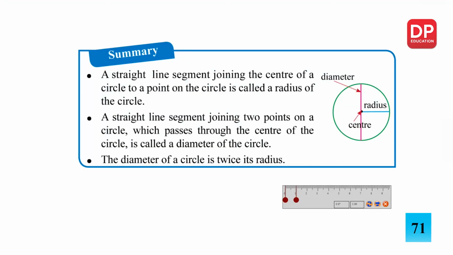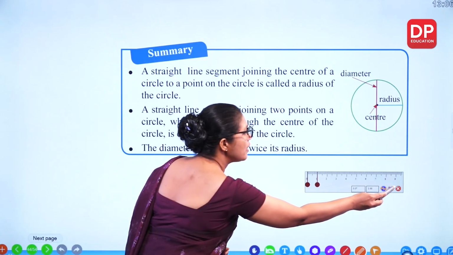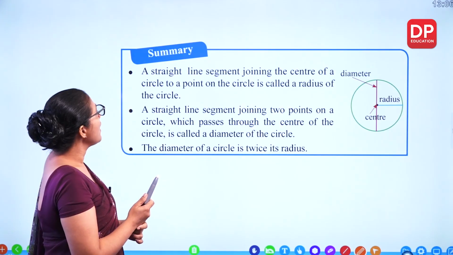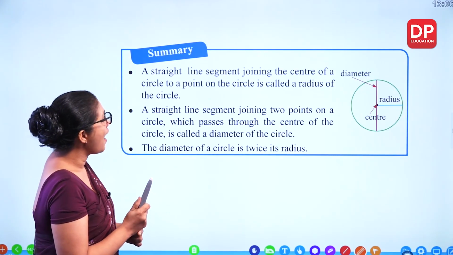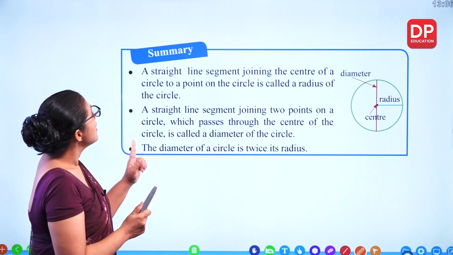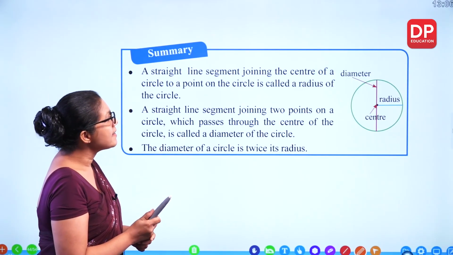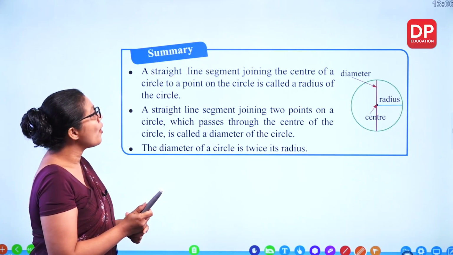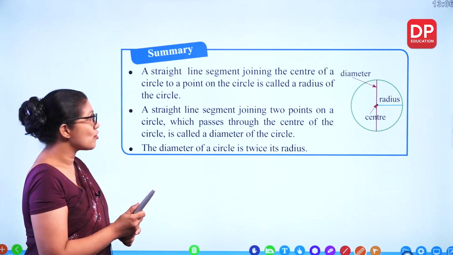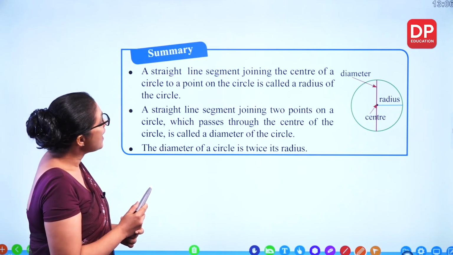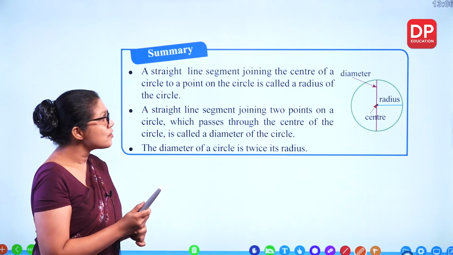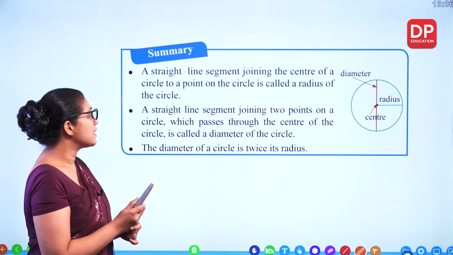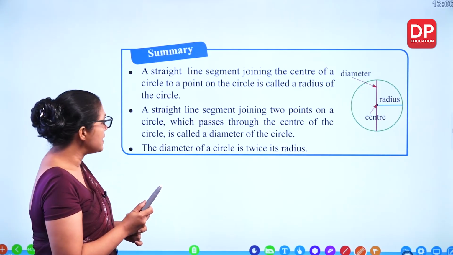So we covered all theory related to circles. What did we do here? We identified the center, radius and the diameter. A straight line segment joining the center of a circle to a point on the circle is called the radius of the circle, and the straight line segment joining 2 points on a circle which passes through the center of the circle is called a diameter.